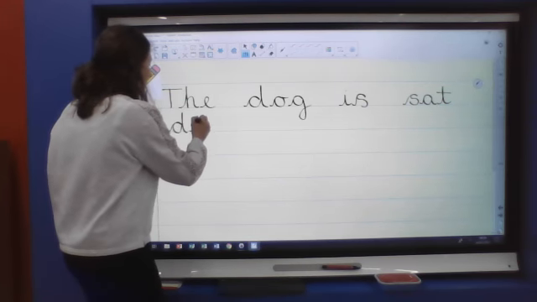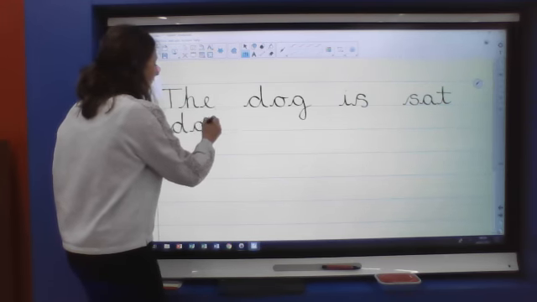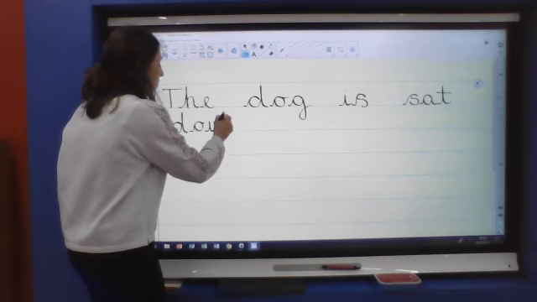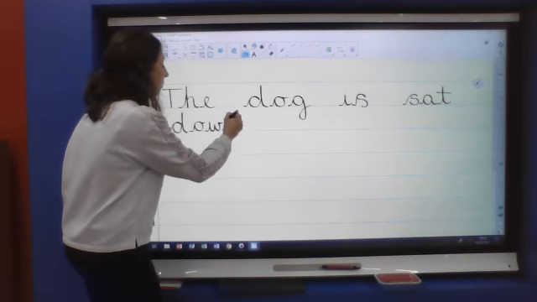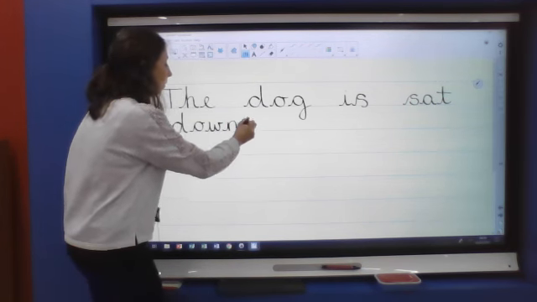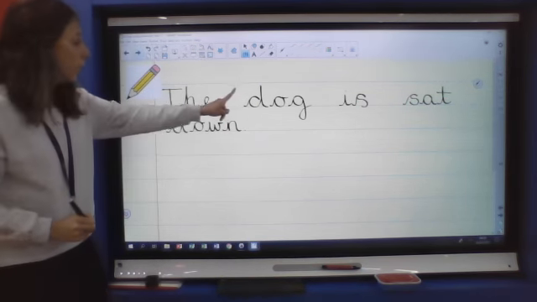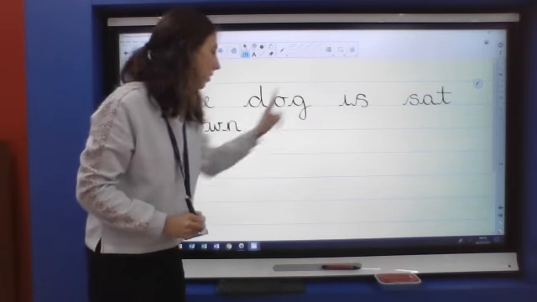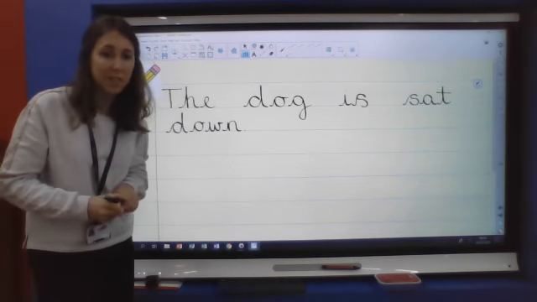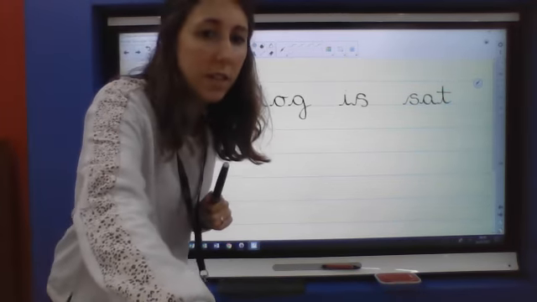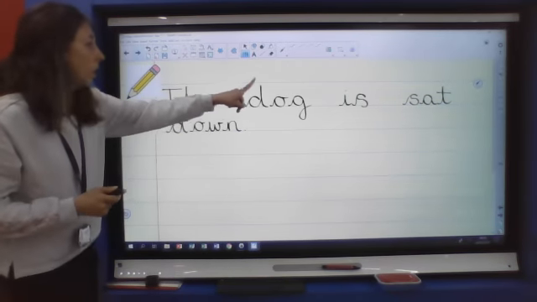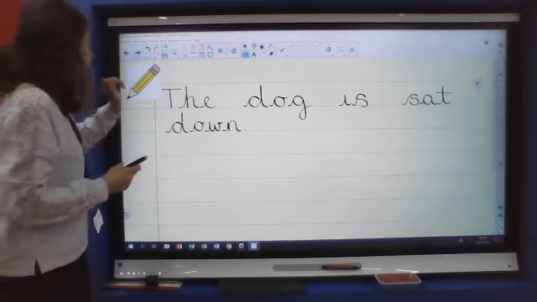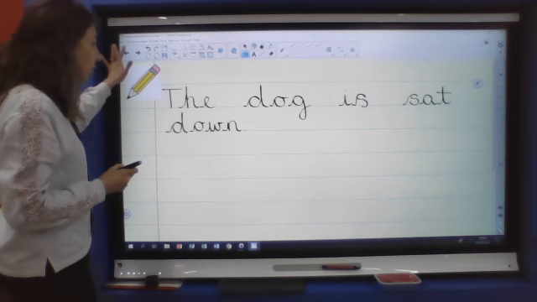You know, that's O and a W. You could check that on your phonics mat if you were writing down. Full stop. The dog is sat down. So when we've written a sentence, it's always a good idea to go back and read it afterwards. The dog is sat down. That's a sentence about the picture.